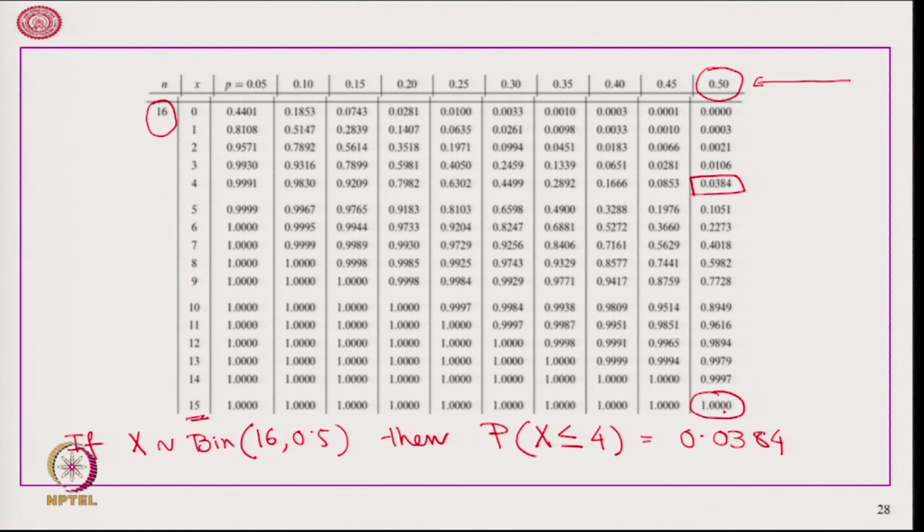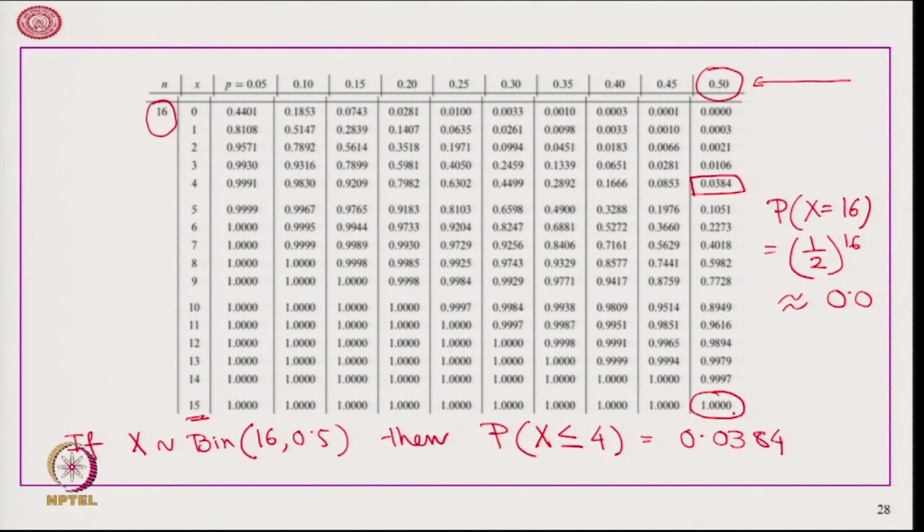But we know that probability x is equal to 16 is equal to half to the power 16, which we consider to be almost close to 0. That is why at this point this is given to be 1.